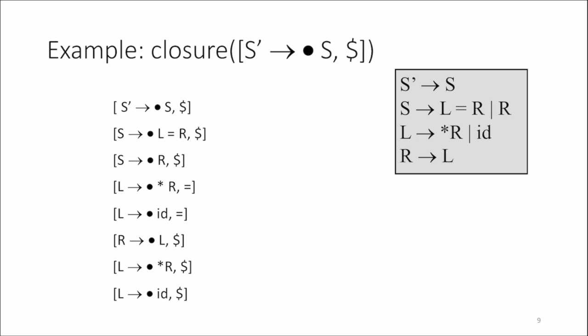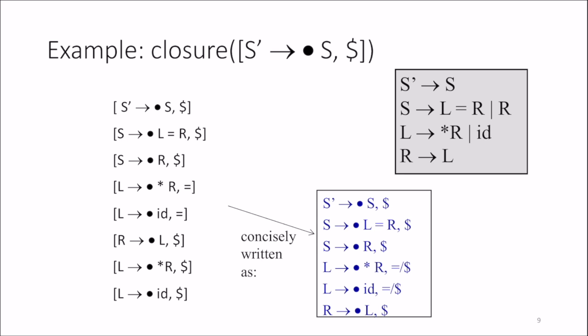And as we showed you before in the notation of the dotted rules, we can concisely take all of these dotted rules, and instead of having these two different dotted rules with different look aheads, we're going to combine them together. So this is just a shorter way of writing the same thing, where we've taken the L goes to star R, these two rules, and we merge them together over here.